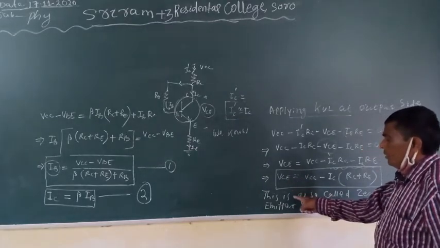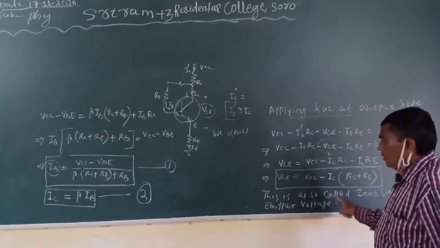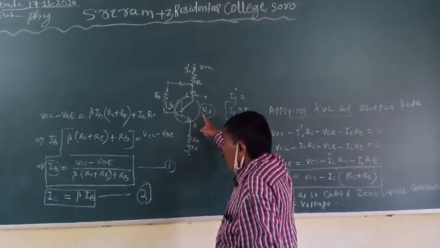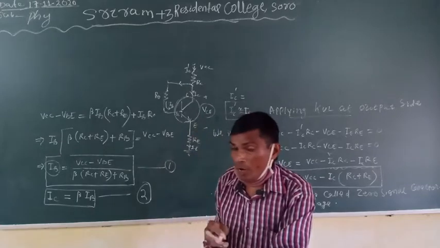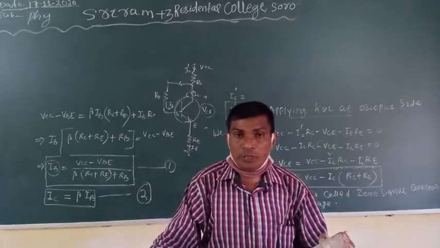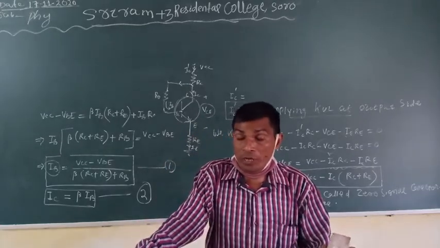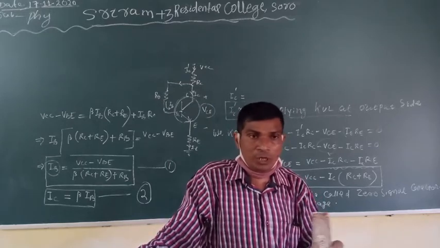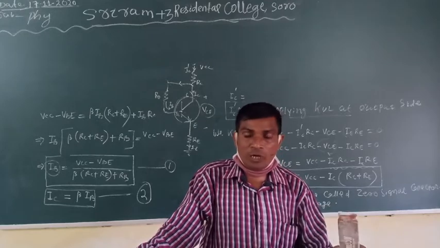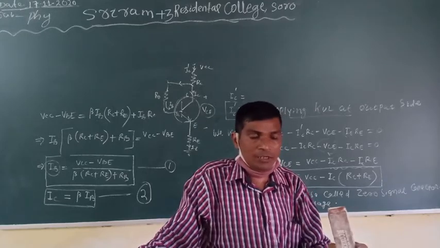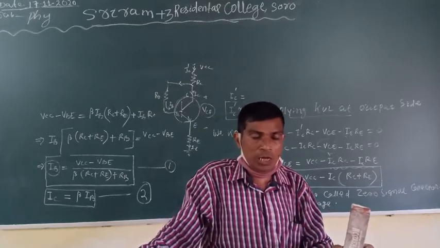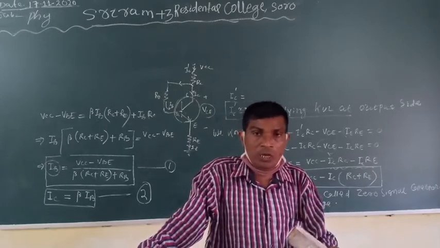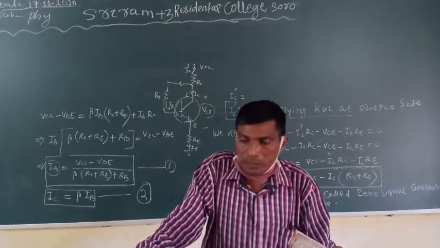Now this voltage we get from this model, that is VCE, without applying any input signal. So when we have not applied any signal but we get some voltage from collector to emitter circuit, that is also known as the biasing of a transistor.